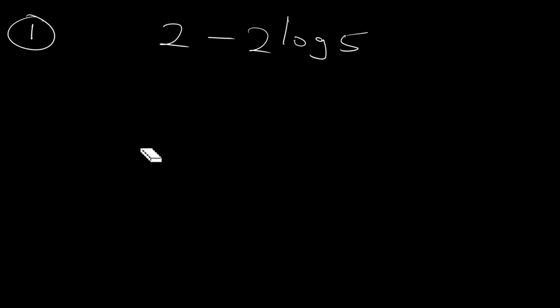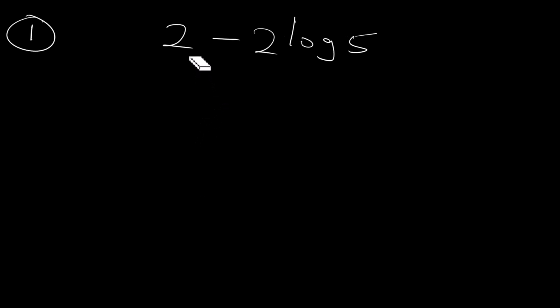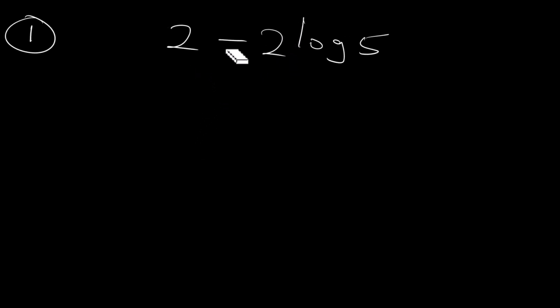All right, now that we know the laws and the properties, let's simplify the following. The first one is 2 minus 2 log 5. Don't say 2 minus 2, so 2 cancels 2. No, it's wrong. We need to rewrite this so that we can apply the laws.